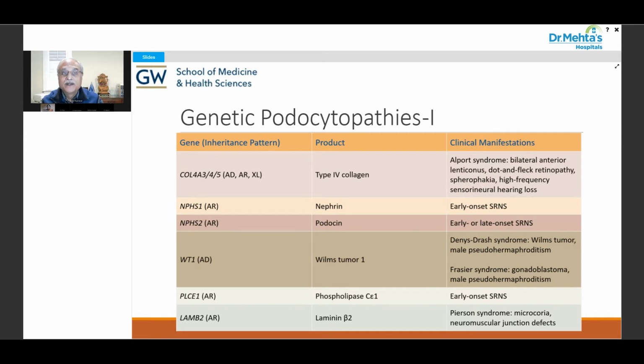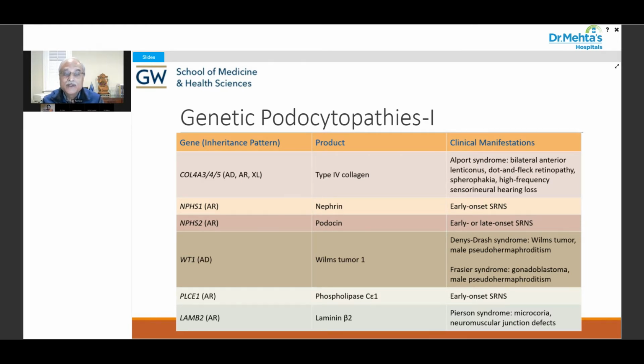By the way, Dr. Tryggvason, who discovered nephrin, was also the one who discovered the COL4A3, A4, A5, etc. In other words, the Alport syndrome genes. So he had some background of all the podocytopathic lesions in his baggage, even before he discovered nephrin.